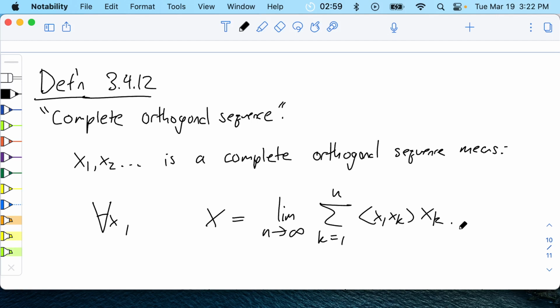So we know that this always converges to something. If the something that it converges to is the original thing you started with, then it's a complete sequence. So the whole sequence together is big enough that it gives back every vector x.